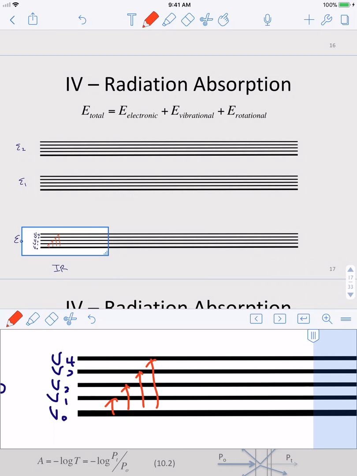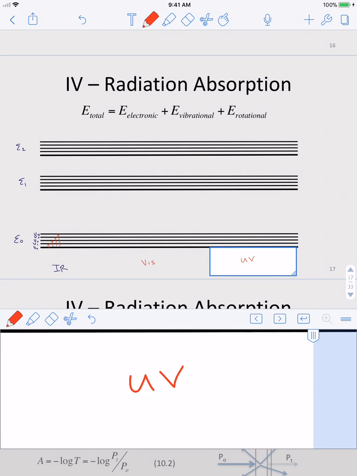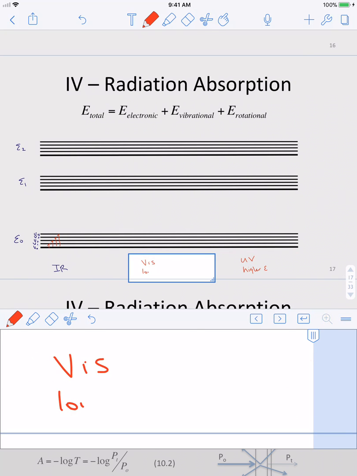Okay, and then if we go to something like visible light absorption, this is lower energy than UV, so we're going to put UV over here, which is higher energy, and this is lower.